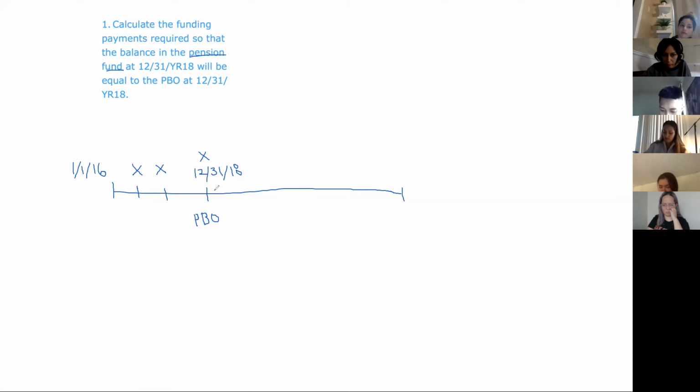What is this PBO balance as of December 31/18? By this time, how many years will Albert have worked for the company? Total, not just these 3 years, but yes, is it 18?